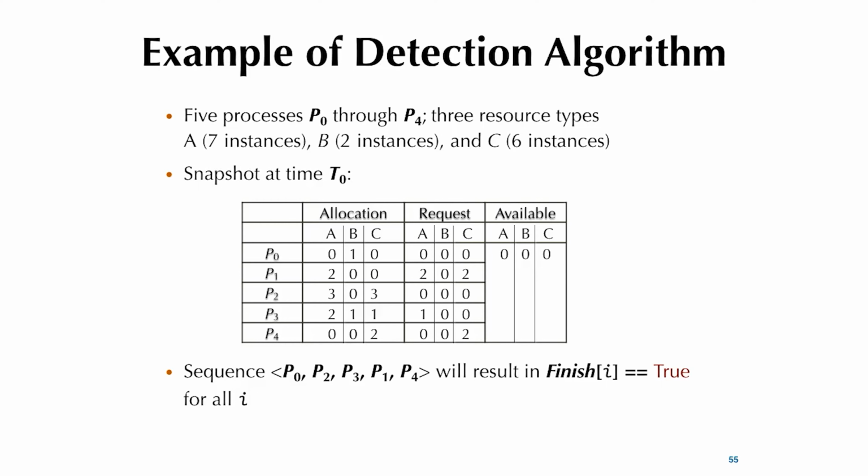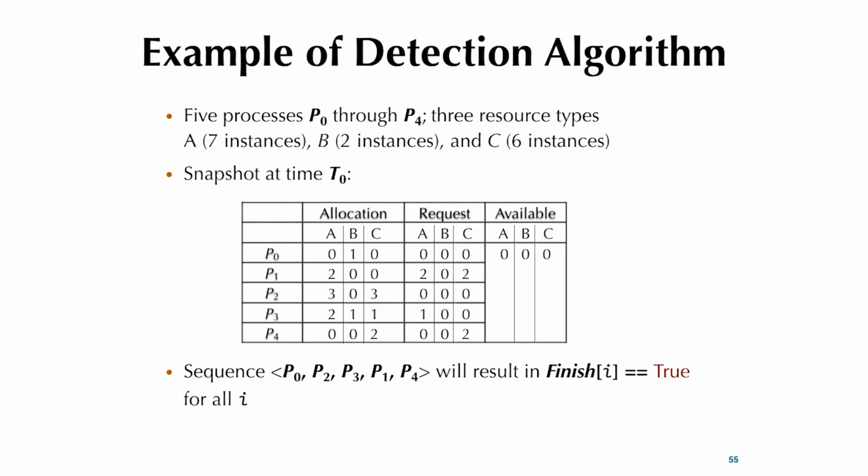So is there a deadlock in this snapshot? Well, if you run the algorithm, you see that there is a sequence P0, 2, 3, 1, 4 that will result in finish[i] equals true for all i. So that means for now there's no deadlock. This is not the unique sequence, it doesn't have to be unique, right?